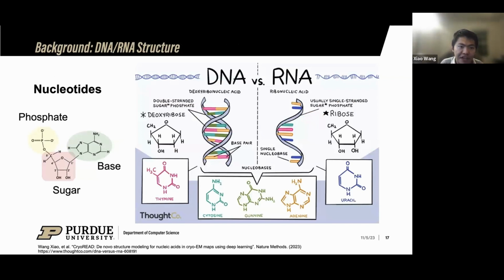First, I will briefly introduce the background of DNA and RNA structures. The basic component of DNA and RNA structure is the nucleotide. In a nucleotide, there are three main components: phosphate, sugar, and base. If we take a close look at DNA and RNA nucleotides, we can see they have very minor differences.